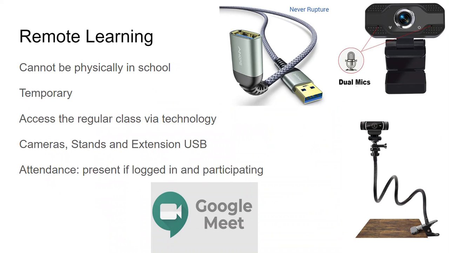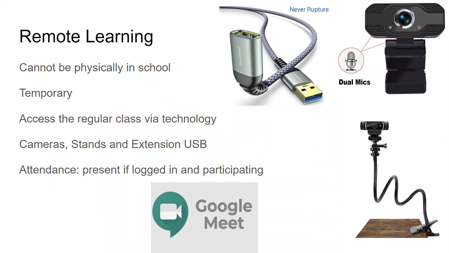Remote learning means that on a temporary basis, a student might need to access their class at home, and they can do that by tuning in or accessing the class through technology. It might be Google Meet or some other tool that they're using.